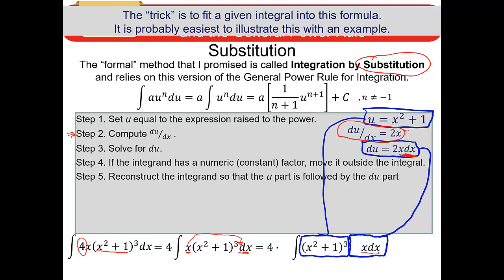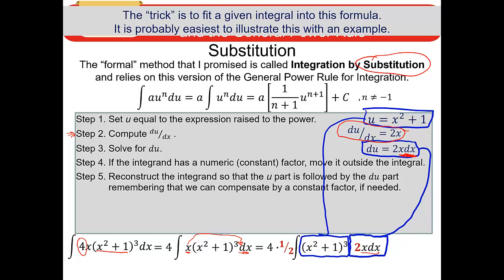But remember, when I talked about guess and check, it's okay if I'm off by a factor that's numerical, just a constant. So I'm okay to be off by a factor of 2 because I can put a 2 on the inside as long as I compensate by multiplying by 1/2 on the outside. Whatever numerical factor you add on the inside of the integrand has to be compensated by its reciprocal on the outside.